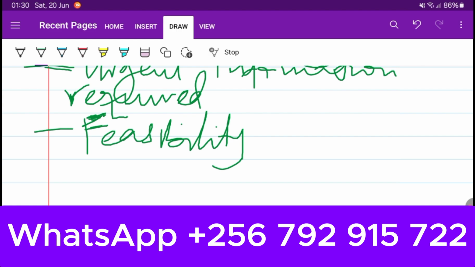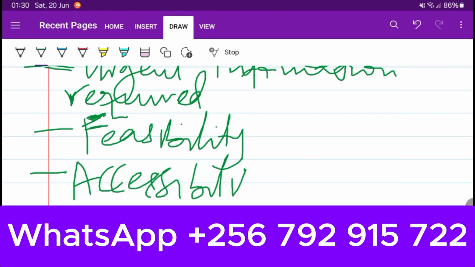Then lastly, we can talk about what we call accessibility. Accessibility. We find that not all the population elements are accessible. There could be things like physical impossibilities to check all the items in the population.